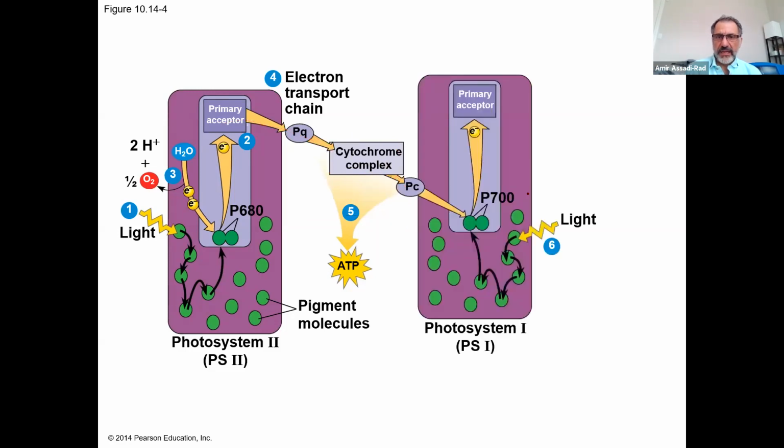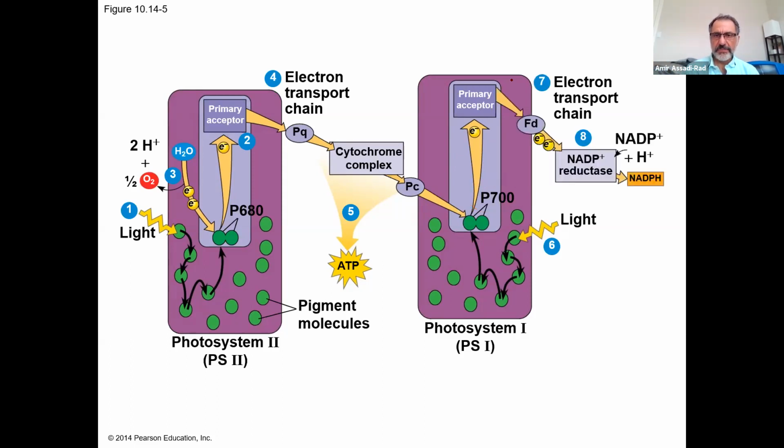Okay, then what happens again? Photosystem 1. These are all light-dependent structures, you guys. In photosystem 1, the light comes in, and then of course you have the P700 involved, and primary acceptors of electrons, and so on and so forth occurs in PS1.